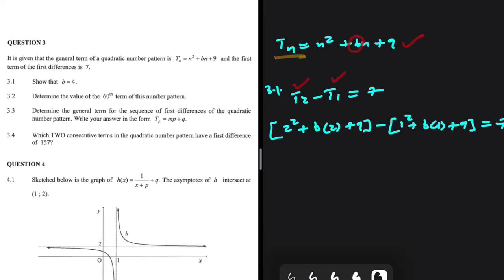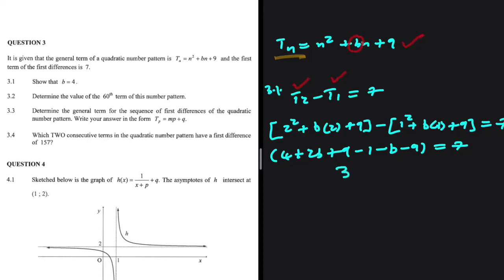So what is 2 squared? That is 4 plus 2b plus 9. And then 1 squared, we're going to get minus 1. b multiplied by 1, we're going to have minus b, and minus 9 being equal to 7. If we solve that, we're going to get 4 plus 9, 13, minus 1, 12, minus 9, 3.